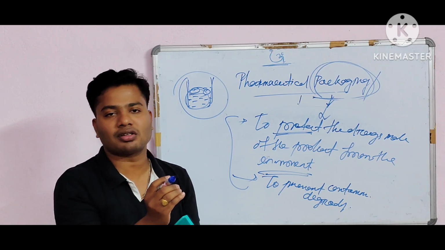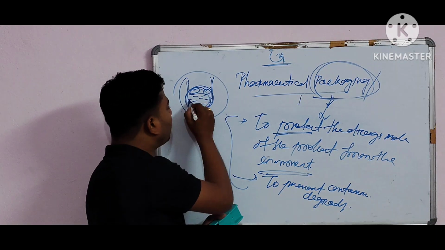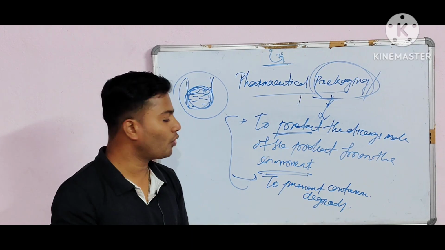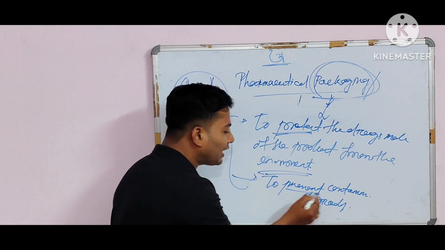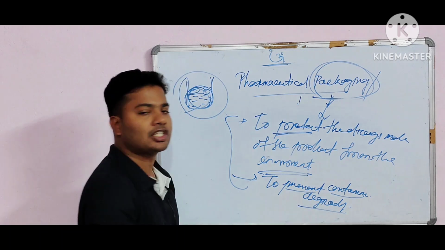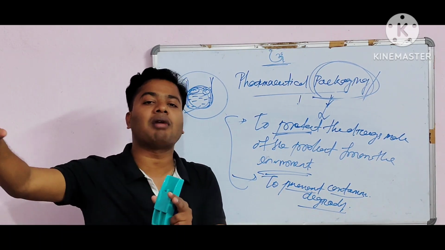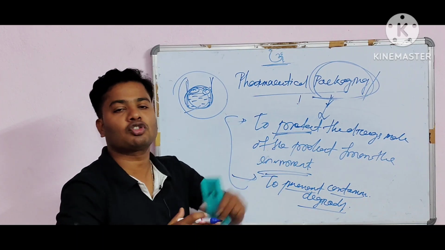After some time all the liquid dosage form product may be contaminated or degraded. So to prevent contamination, to prevent degradation, and to protect the drug molecules from the environment, you have to package the pharmaceutical product.